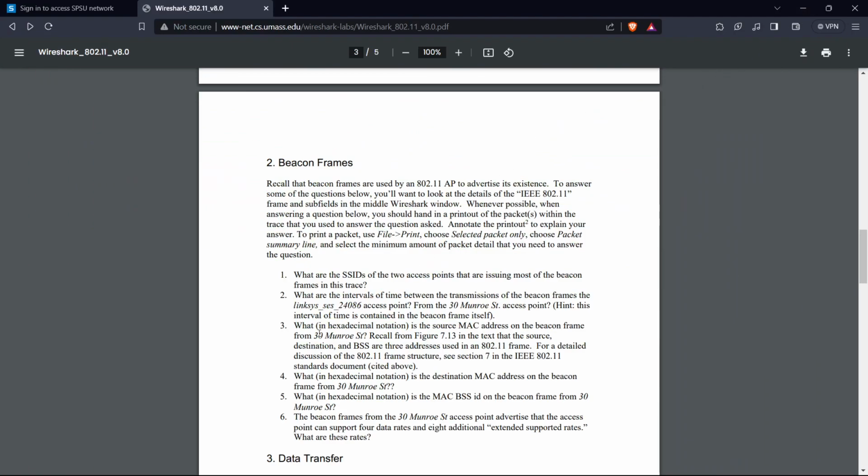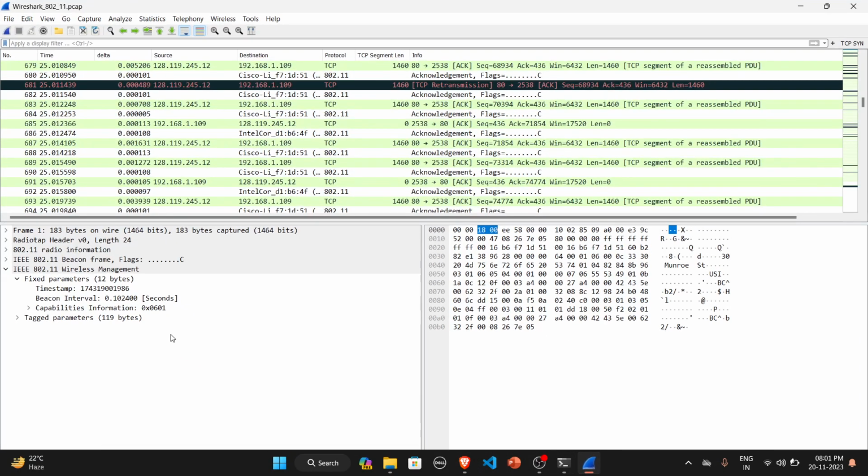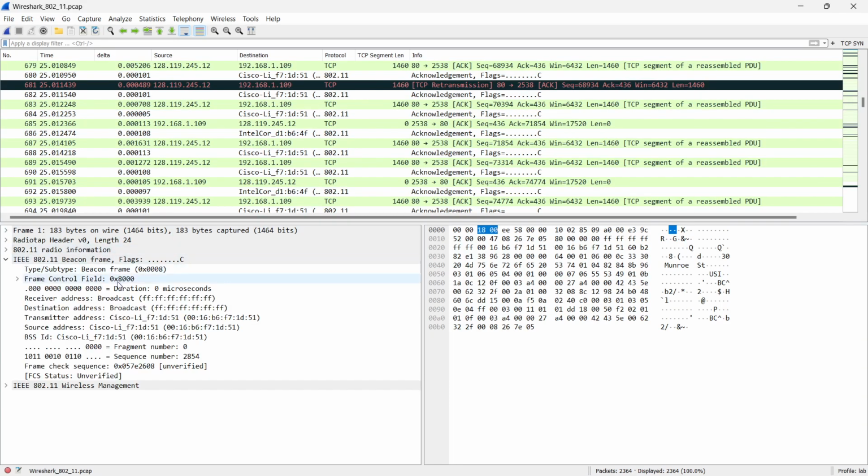The next question is, what is the source MAC address of the beacon frame from the 30 access point? Again I go to Wireshark and to the beacon frame, and this is the hexadecimal source address here.